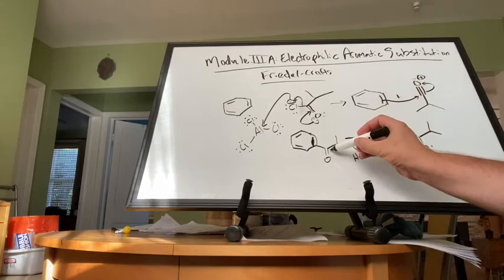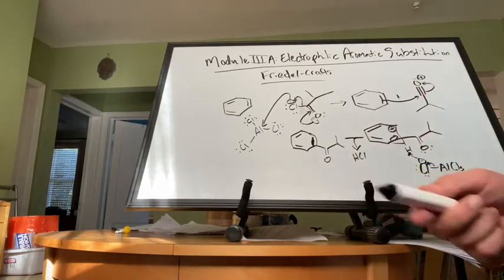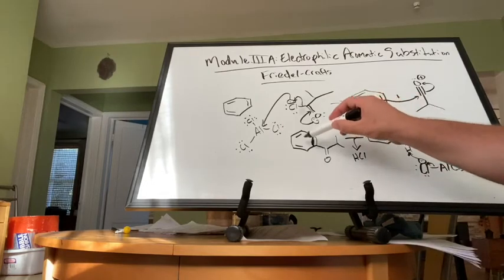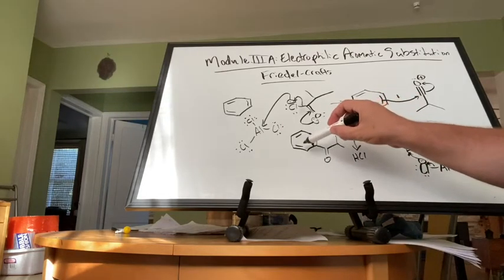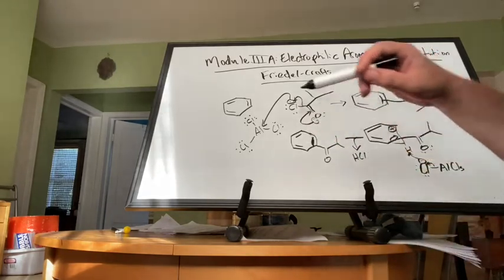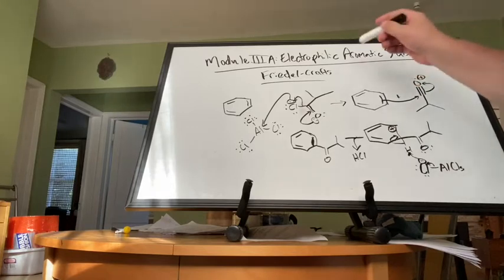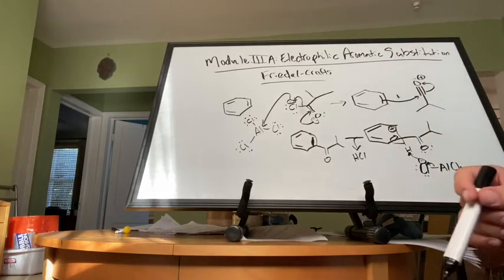Okay, so this CO double bond is an electron withdrawing group. So what it's going to do is actually slow down, or basically inactivate this ring from having any subsequent additional electrophilic aromatic substitutions.